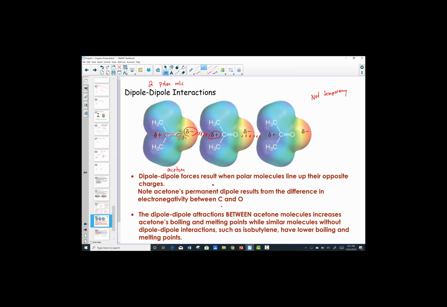That's the difference from the dispersion force, because it's just so temporary, where these are permanent based on the polarity of the structure. So polar molecules line up to create dipole-dipole interactions. Notice that these attractions are between the acetone molecules, and it's a much stronger interaction than the dispersion force.